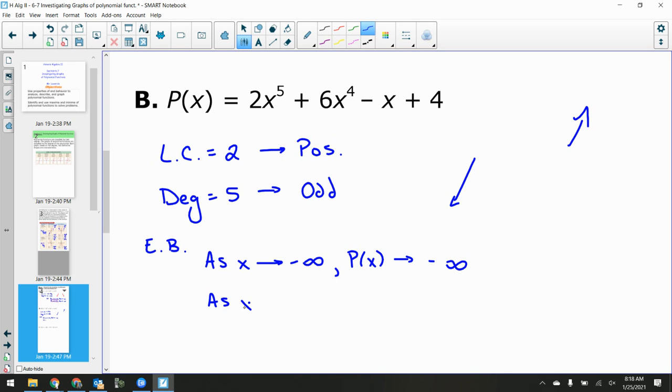On the right side, as x goes up, the function goes up. If you want to write a plus in front of the positive infinity, you can do that, but whatever, you don't need to. Let's do that one more time, shall we?